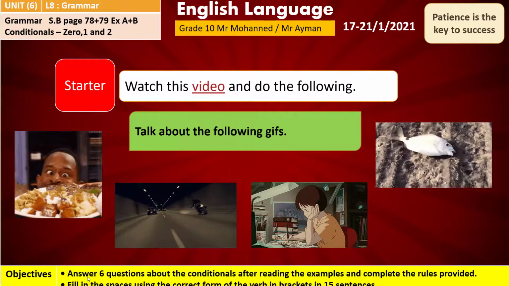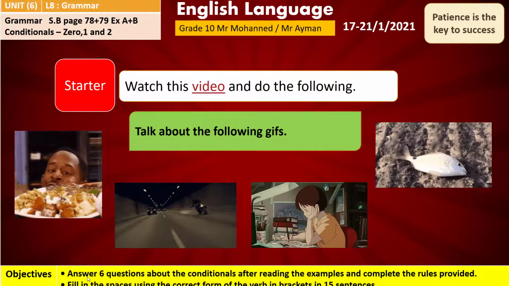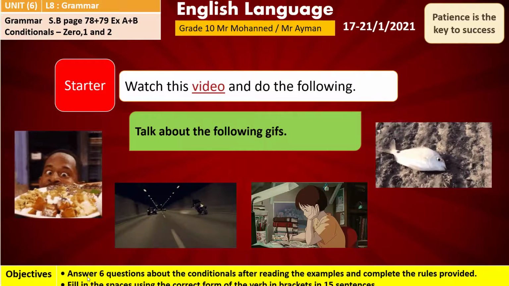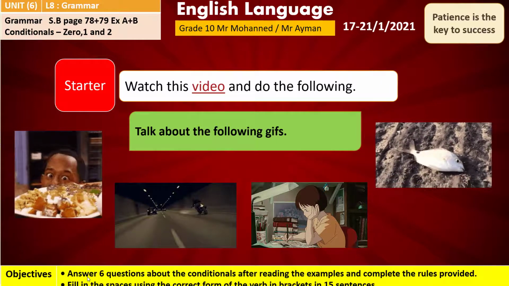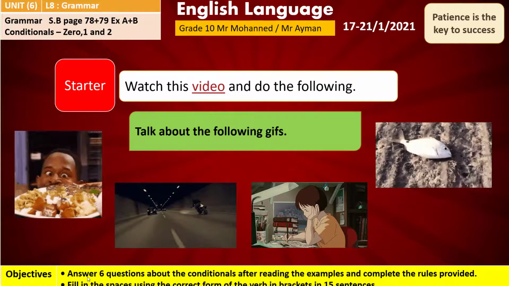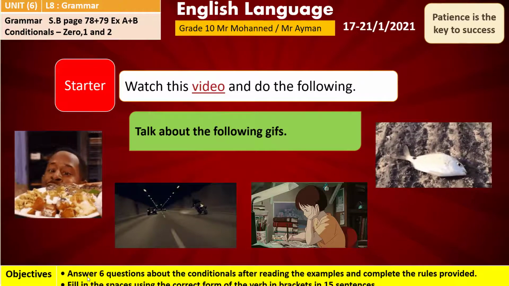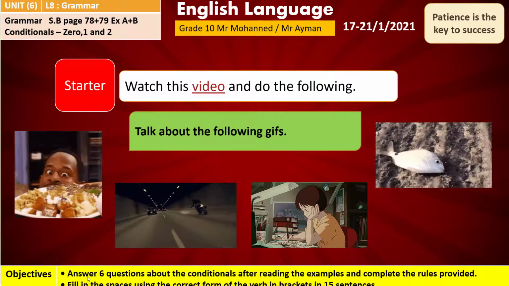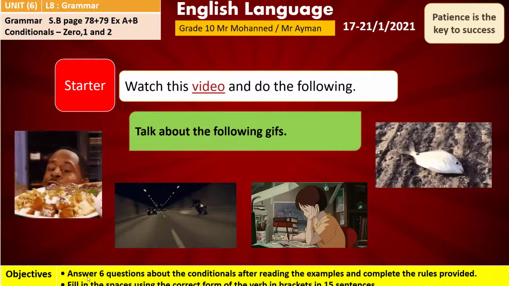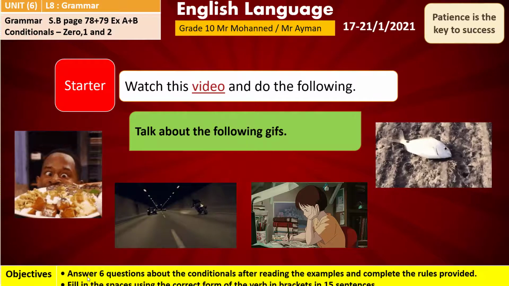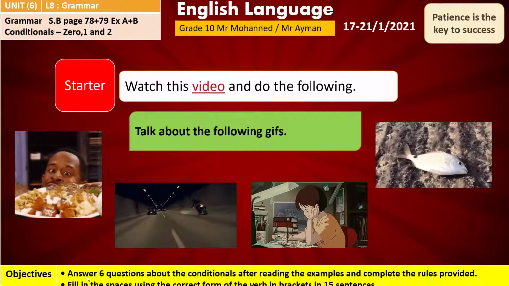The third one, if you work hard, you will pass. And the last one, if a fish jumps out of water, it dies. See the difference between the first three statements and the last one. We shall see later. Let's move to the next slide.